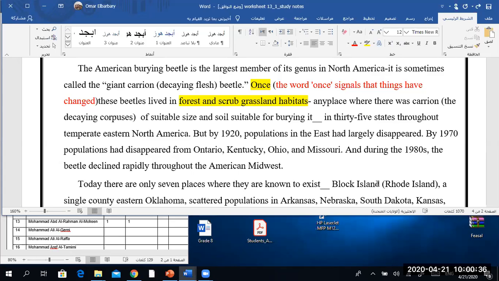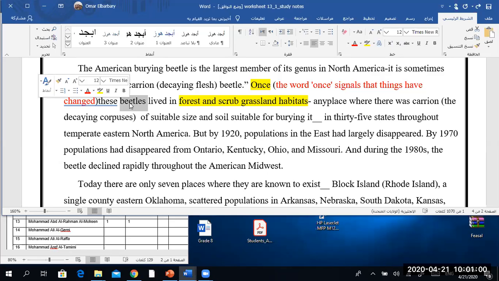It's interesting here to know that these beetles are so smart. Subhanallah. They live where there is food, and they choose their food. Their food needs to be of the size, and it needs to be suitable for them to decay or help decay and also bury. You see what I mean?